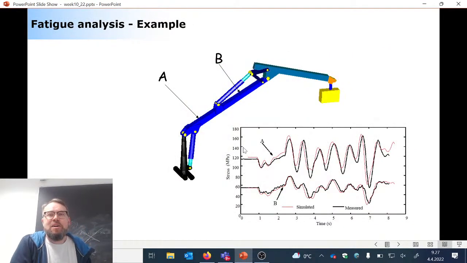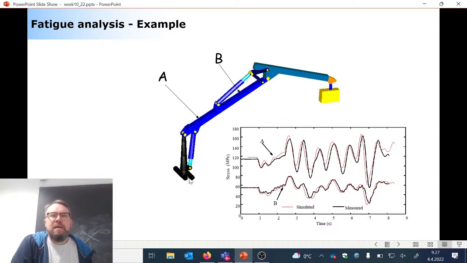This shows how the stress history is measured and simulated in 2 different locations of this crane. And you can see that the prediction is amazingly good. It misses some of the peaks, but most of the peaks are very accurately predicted, and it is quite surprising that it is this accurate.